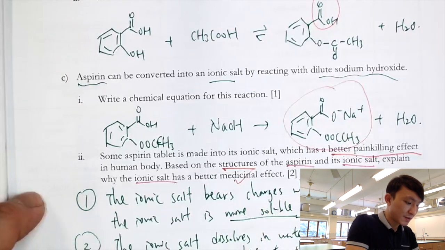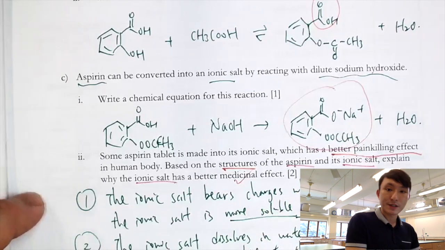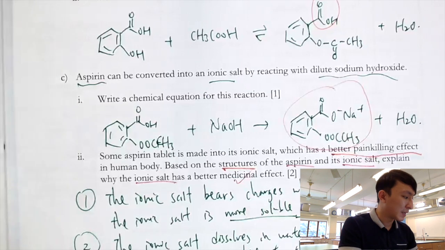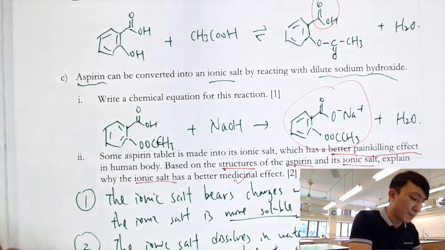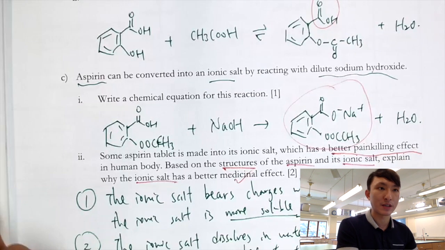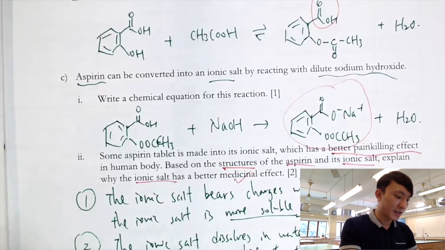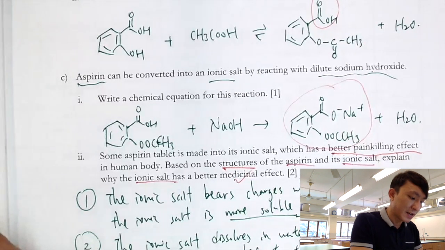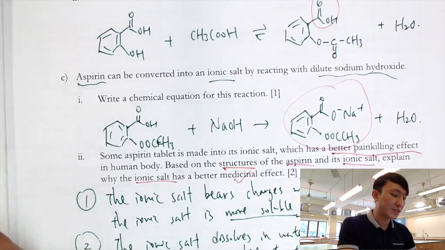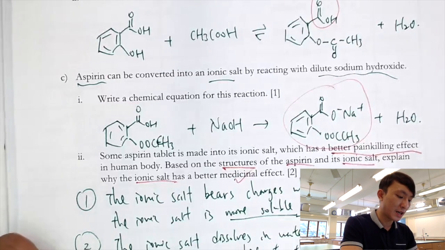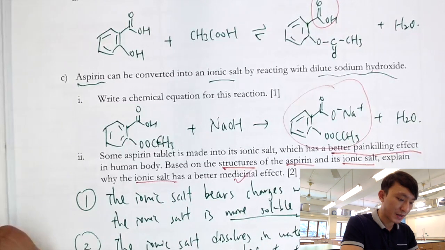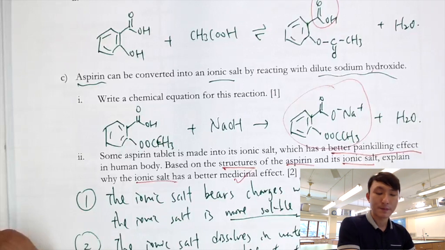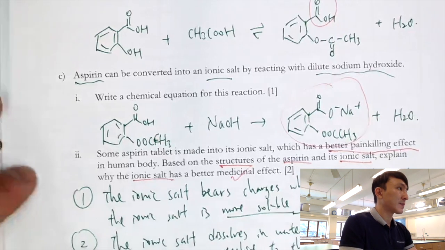Okay, right? So I believe you have to connect it to the blood because this is how it is being transported around the body and also reaching the site of effect faster. Or you can say a larger concentration of aspirin. Okay, so this is what I expect you to write down.